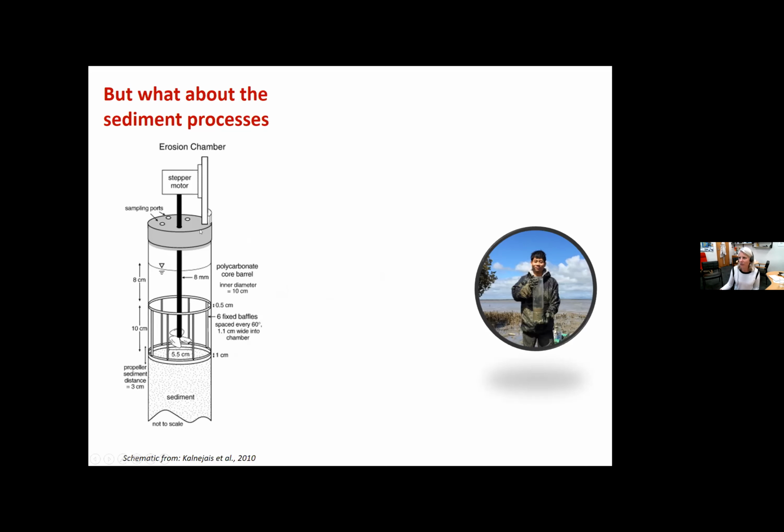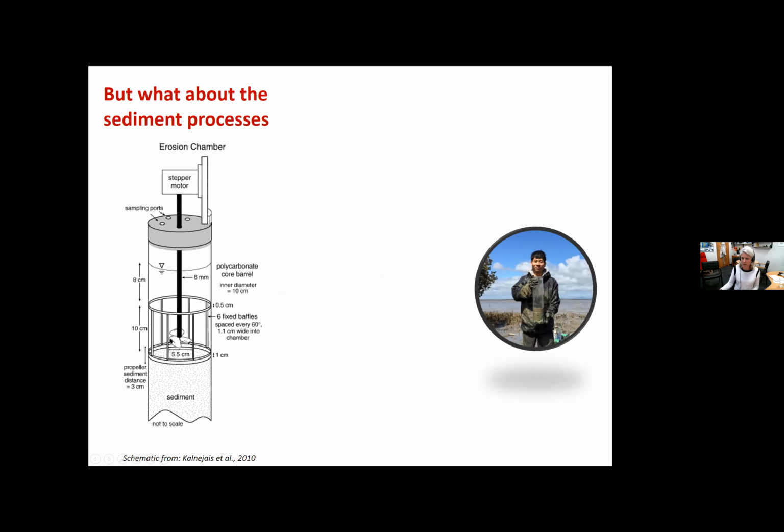And so we went out with a device, which is basically you take a core in the field and you put an impeller in the core, and then it's got an OBS, and you step up the propeller at different known threshold velocities, and you basically observe when the sediments start to get entrained off the bottom, and that tells you what the critical erosion stress of this site would be.